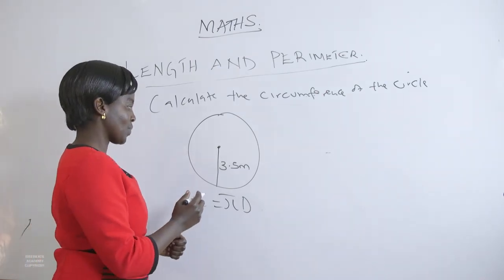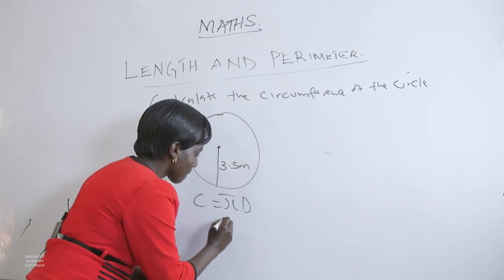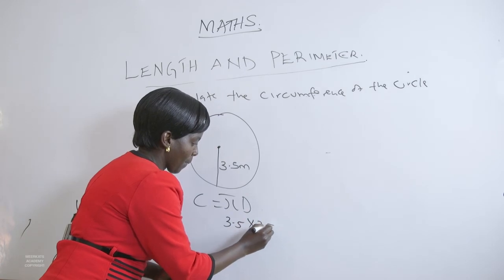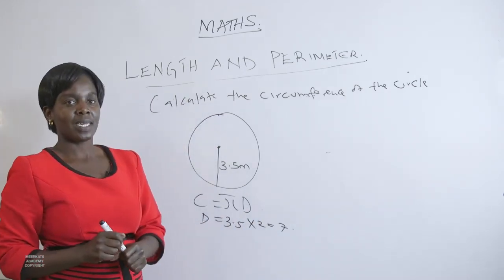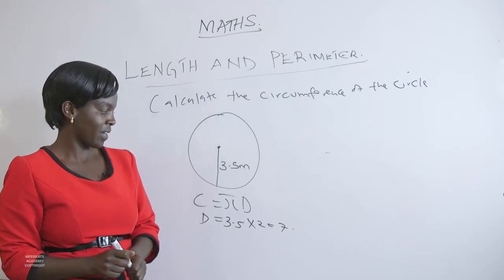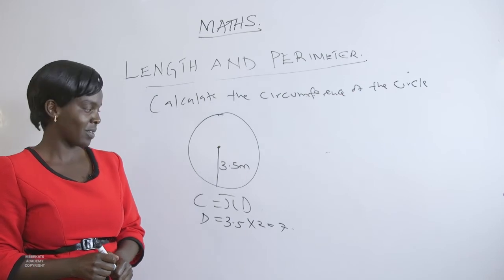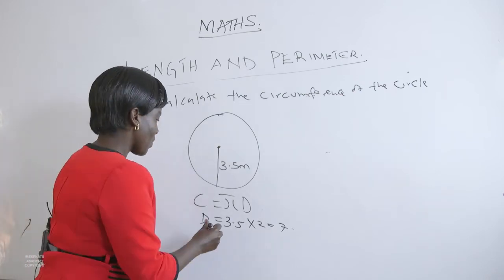So we say 3.5 times 2 gives us 7, which is our diameter now. Then we can substitute in our formula.